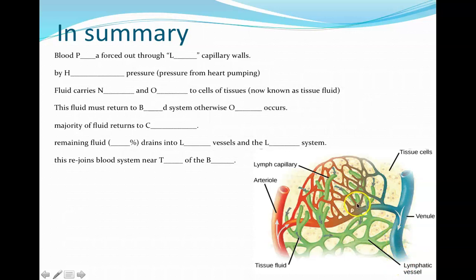However, the remaining fluid, the 10%, drains into the lymphatic vessels and lymphatic system, which is the green one here. Then lymphatic vessels carry it to the lymph nodes and it rejoins the blood system near the top of the body and it goes back into the heart and we keep our blood volume. That is this whole lesson in summary.